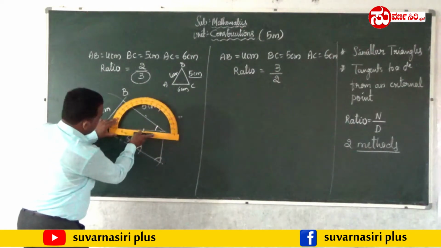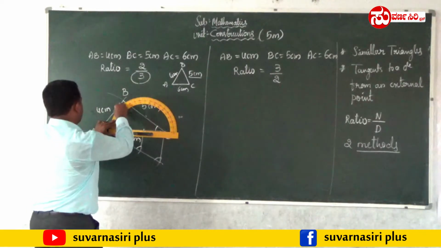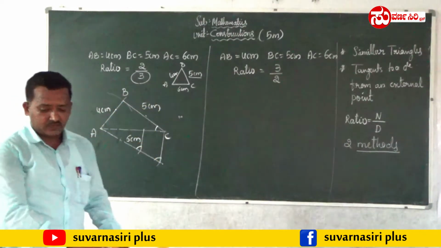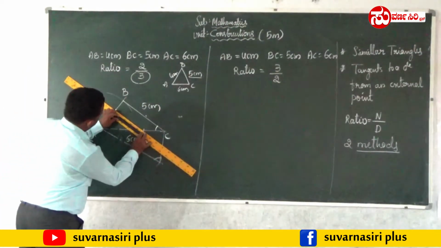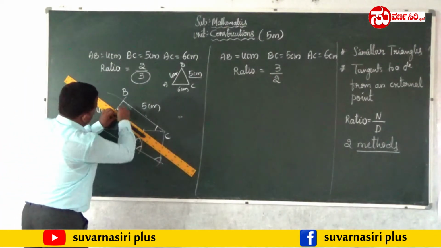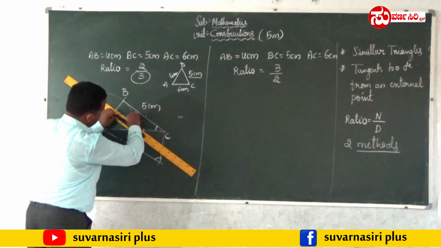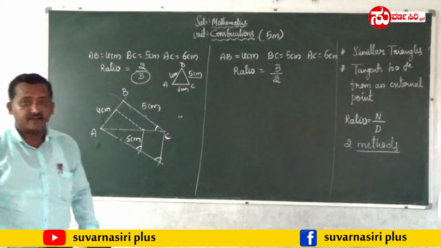So keep it on this point and take the same angle, 34. That comes here. Thereafter join the line from here. As much as possible draw dotted lines by which we can identify the triangle which we have constructed.